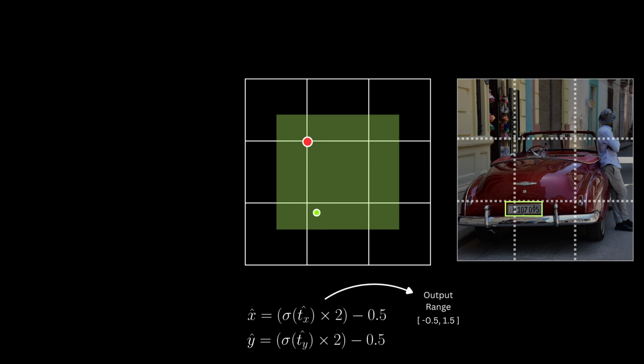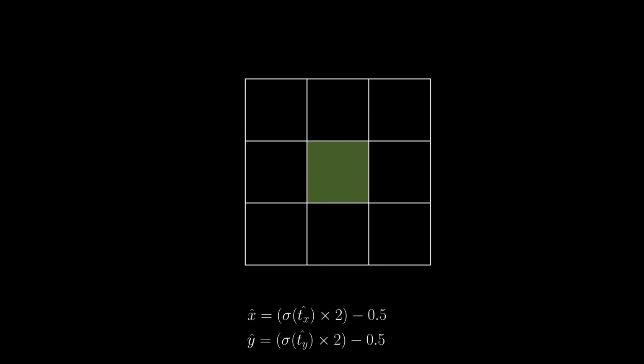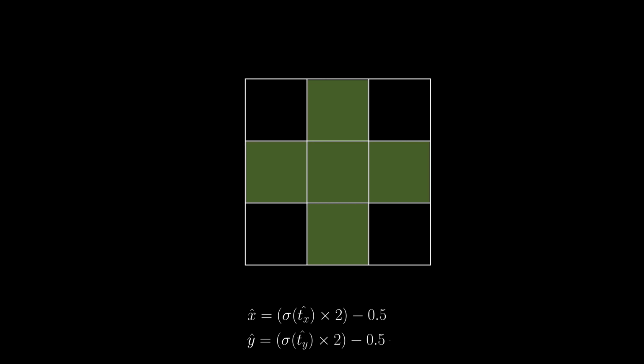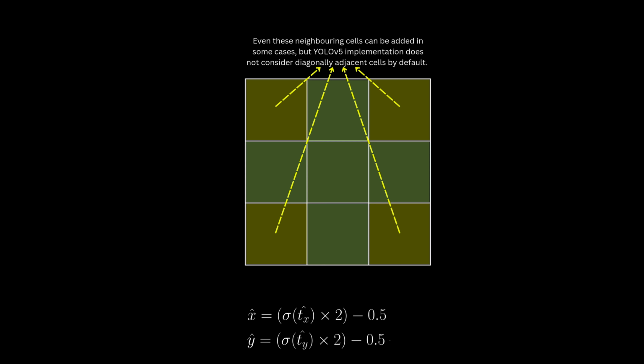In YOLO v5, we use this to have more cells responsible for predicting a ground truth target. For every grid cell containing the center of target box, we also include any of the 4 adjacent cells, if we can. The key part in that line being if we can.